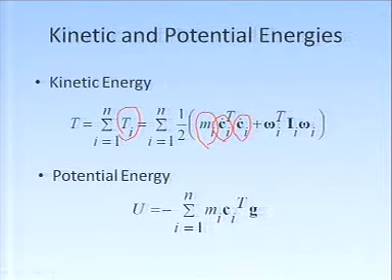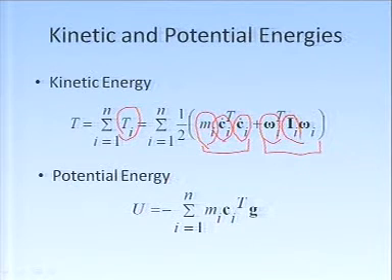Here velocity means the mass center velocity, and this is for your linear kinetic energy. Then we calculate the rotational kinetic energy, which is equal to the angular velocity transpose, the inertia matrix, and again the angular velocity. This you have to remember, or you have to consult a book every time you solve a question, and once you keep doing it, it will stay in your memory for the duration of the course.